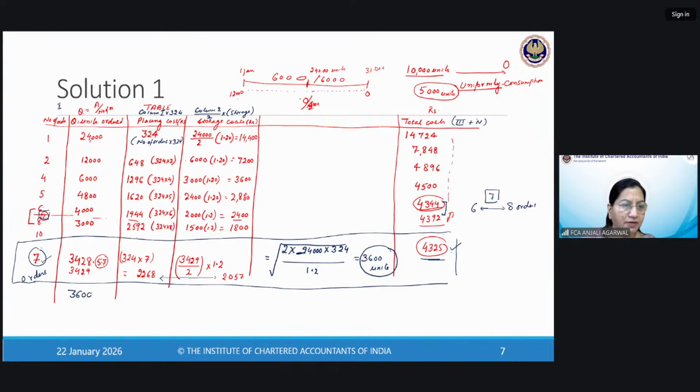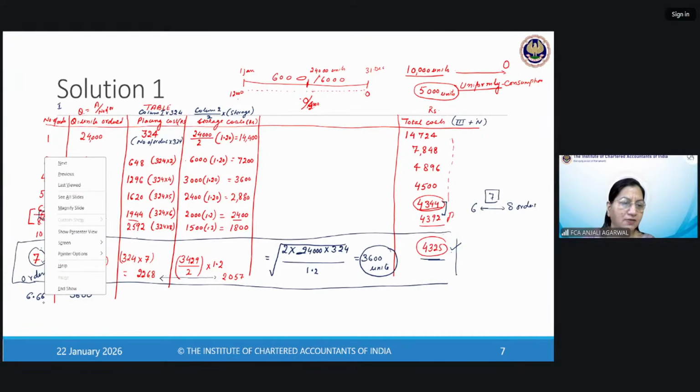If 3,600 units are ordered, how many orders will you place? 24,000 divided by 3,600. So that's practically not possible, but you will order 6.666 orders.